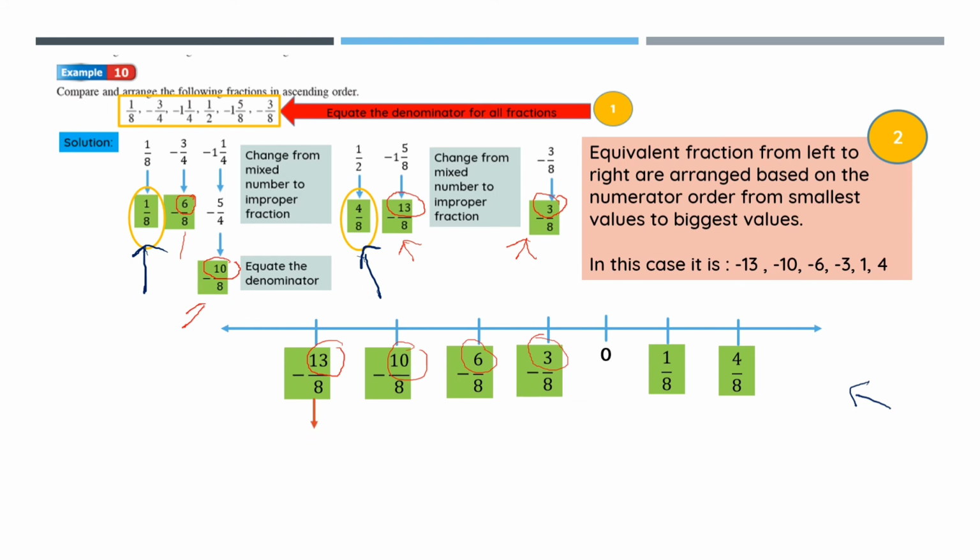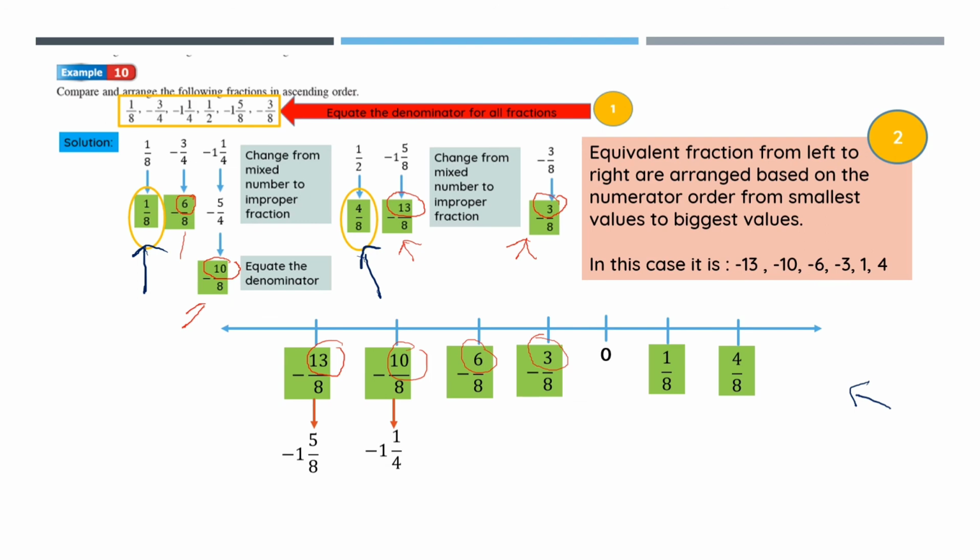Next, after we put all the fractions on the number line, we need to change back the fractions that we already equated the denominator to the original given fractions. For example, negative 13 over 8 is actually negative 1, 5 over 8. The original fraction given is negative 1, 5 over 8, before we equate the denominator.